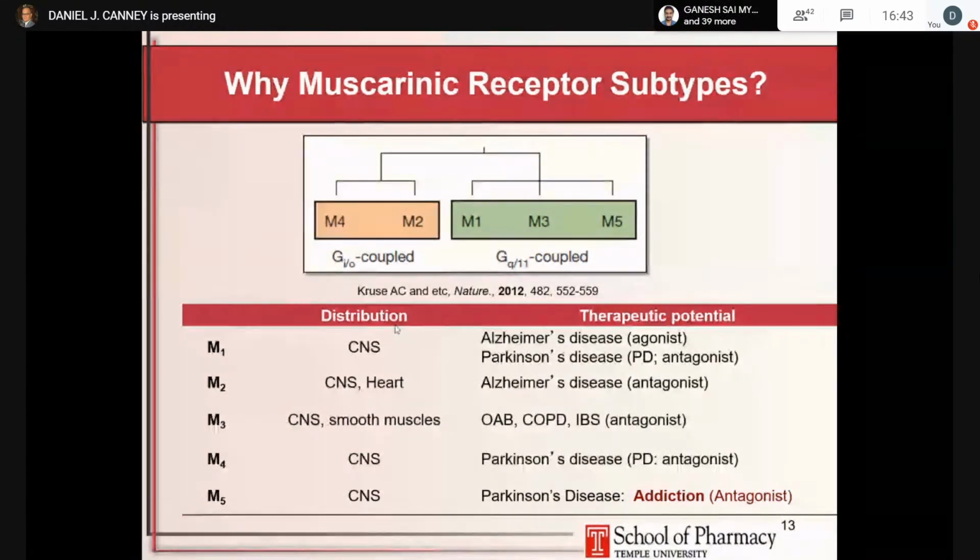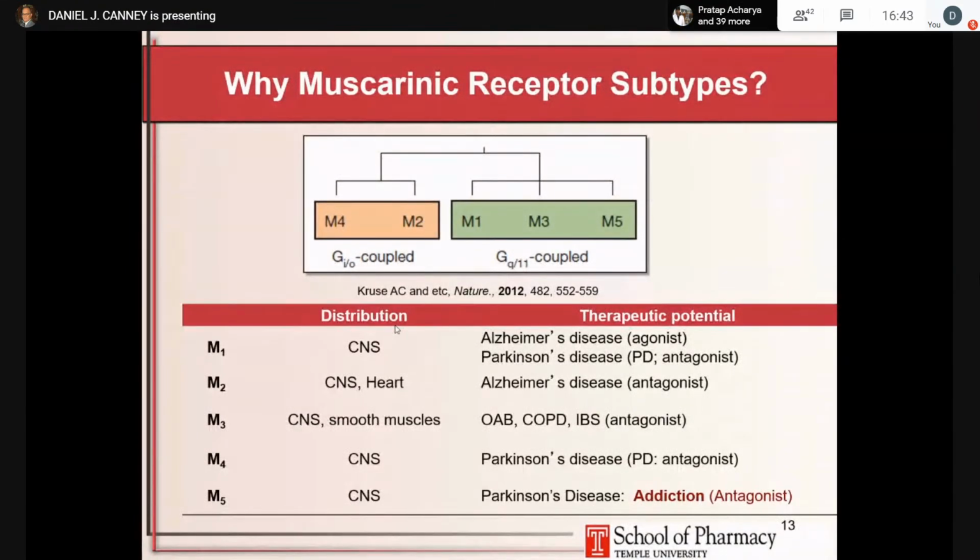And I knew I had these muscarinic ligands, and I looked into the literature, and it turned out that M5 antagonists had been shown to have some efficacy, at least preliminary data regarding addiction. So that kind of sent us down this path, looking for muscarinic subtype 5 receptor ligands, right?